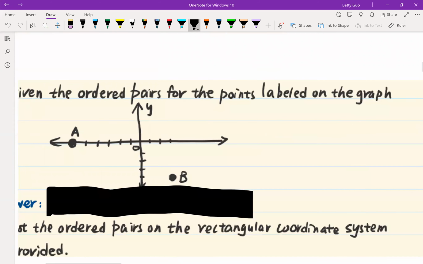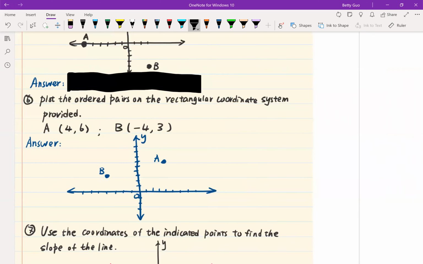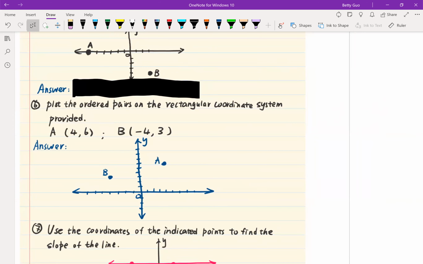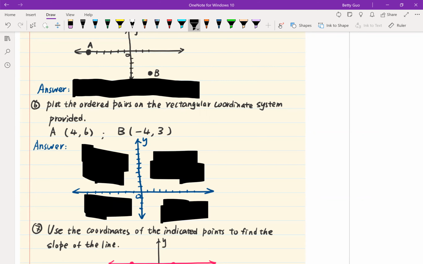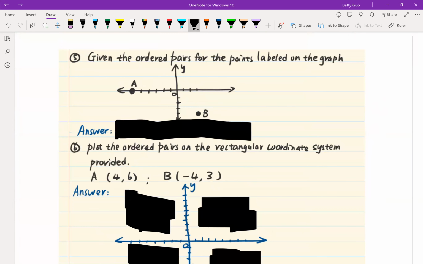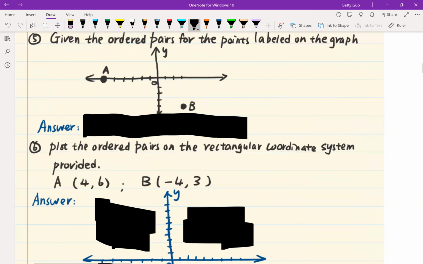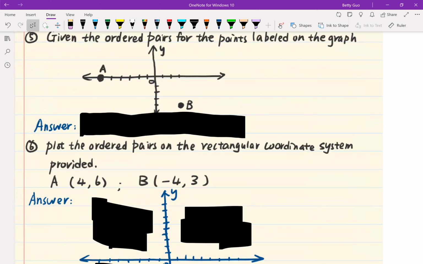Number 5 and number 6 are similar. They are about the rectangular coordinate system. Number 5, you are given 2 points. You need to find their corresponding ordered number pairs.